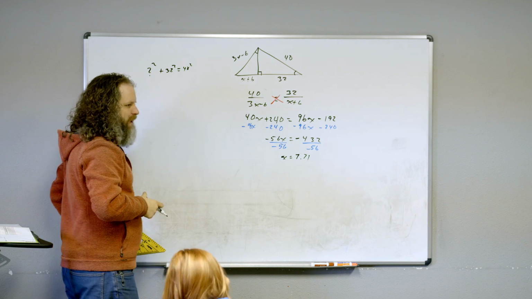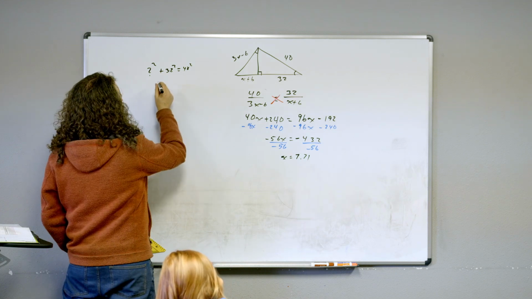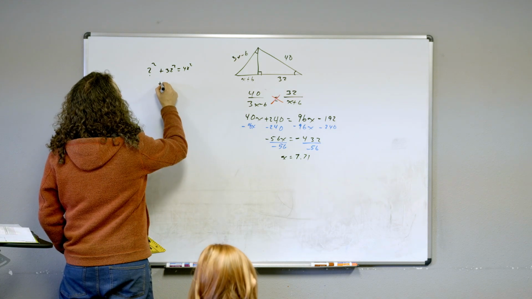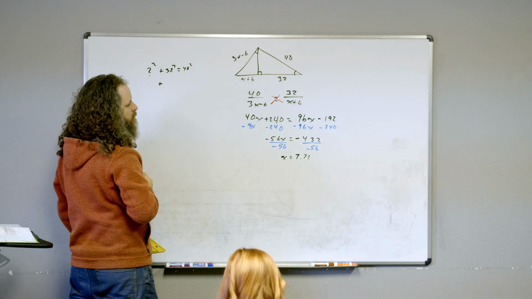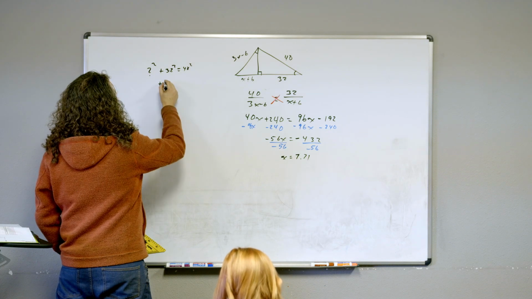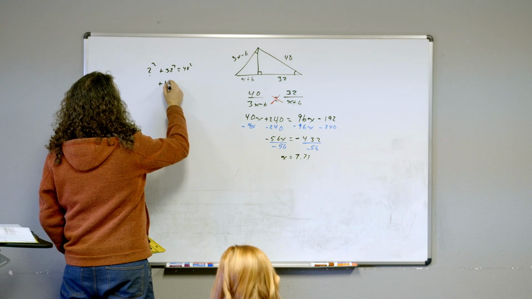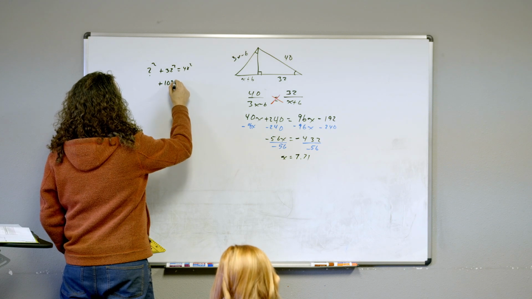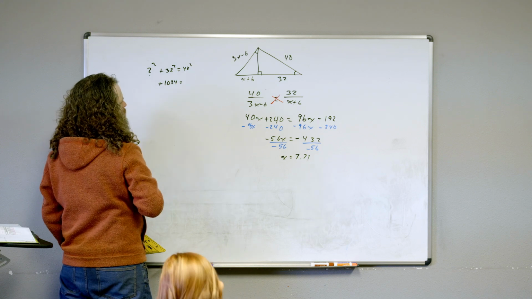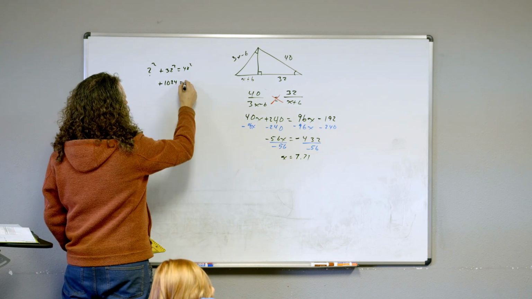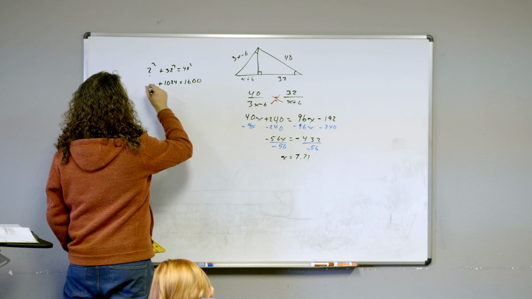What's 32 squared? 1024. That makes much more sense. What's 40 squared? 1600.